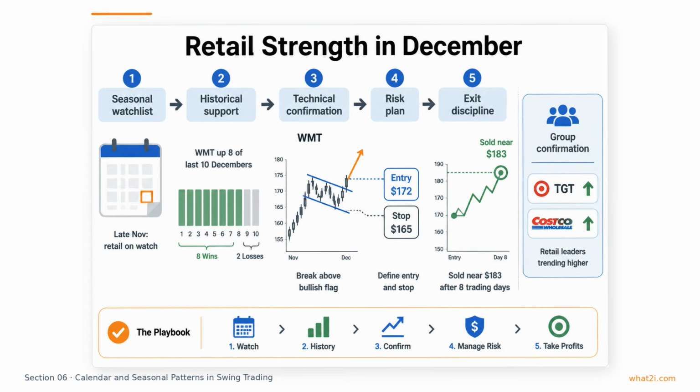If the stock then rises and is sold near 183 after about 8 trading days, the trade worked because seasonality and technical confirmation lined up. You can make the idea even stronger if other retail names such as TGT or Costco also look constructive. The lesson is that the seasonal theme starts the process, but the chart and plan complete it.